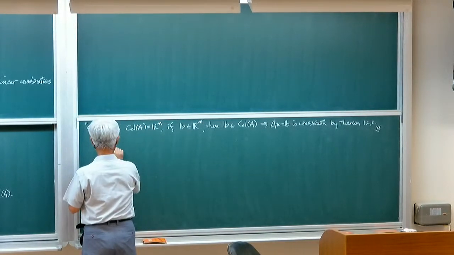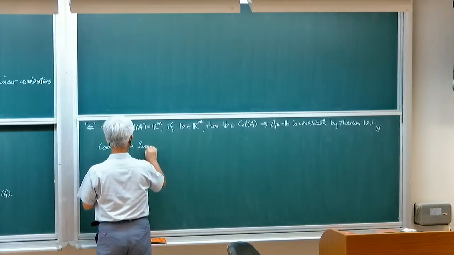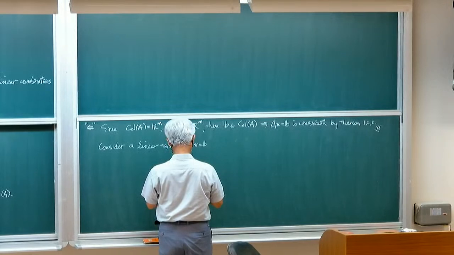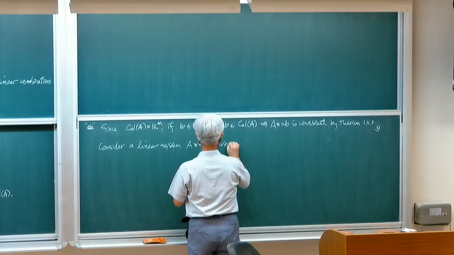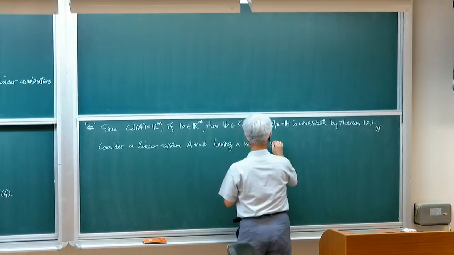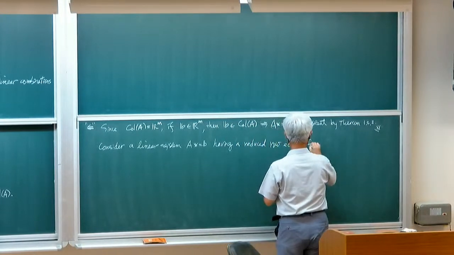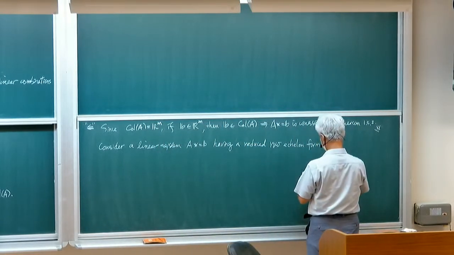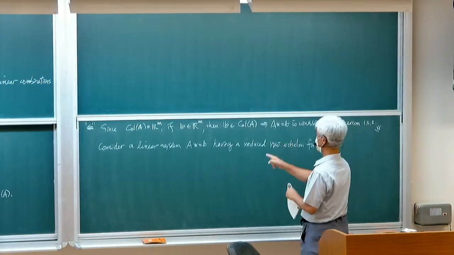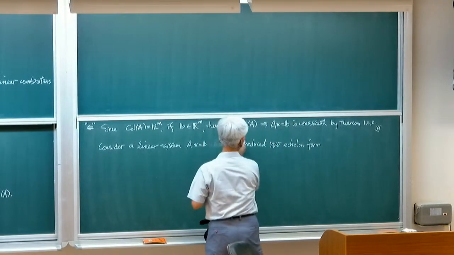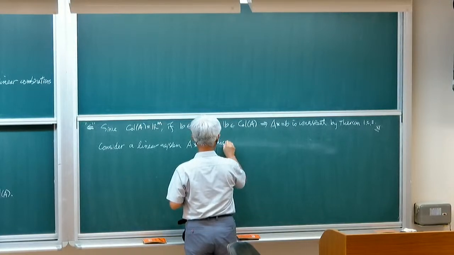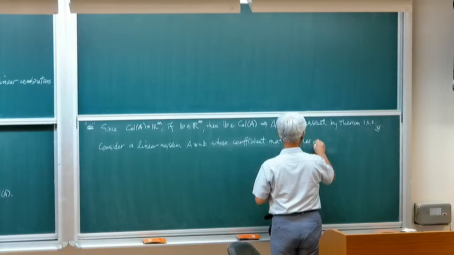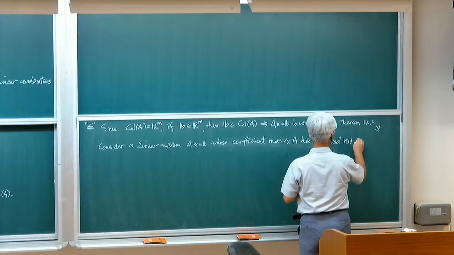So now we consider a linear system Ax equal to b whose coefficient matrix A has a reduced row echelon form.